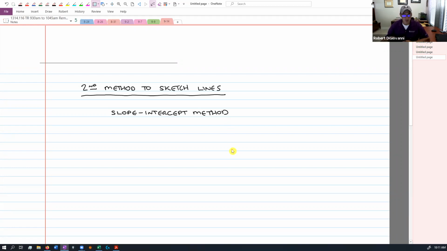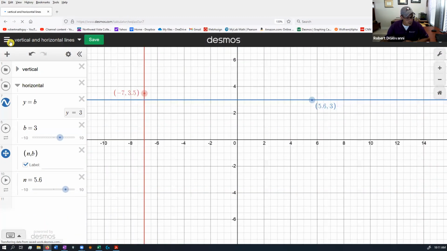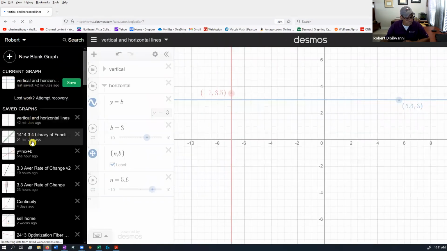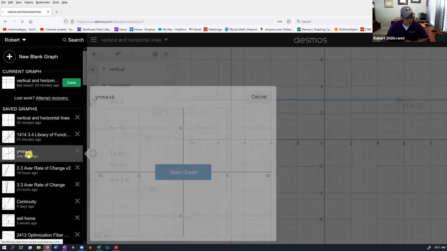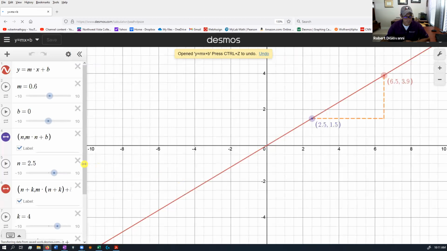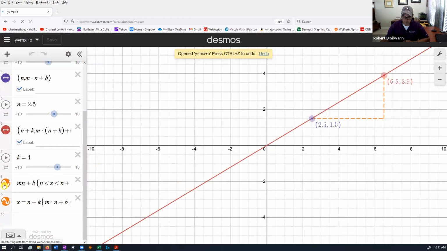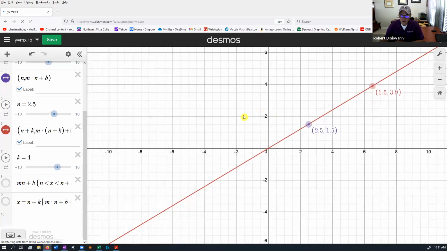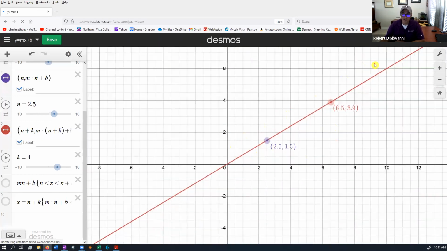So slope intercept method. So here's the idea. If you have a line, let's say you're looking at a line and you pick any 2 points on that line, any 2 points, doesn't matter where they are.